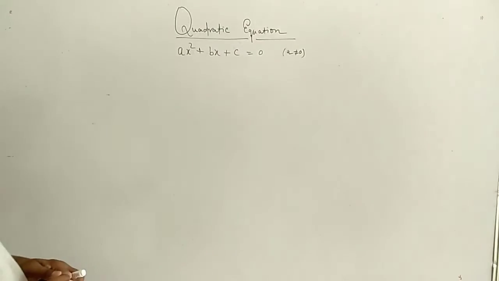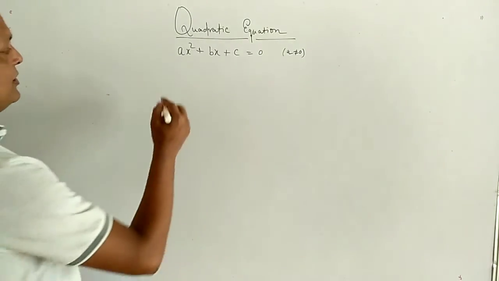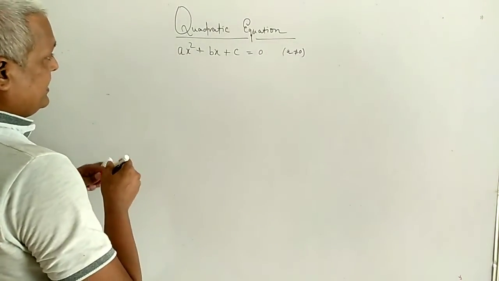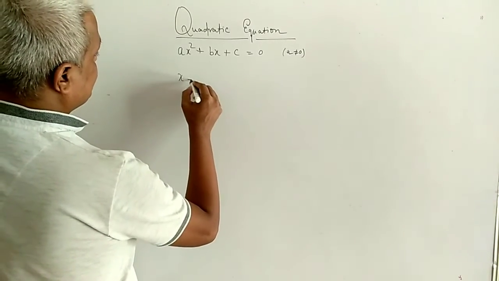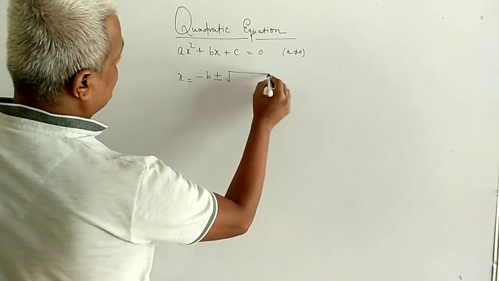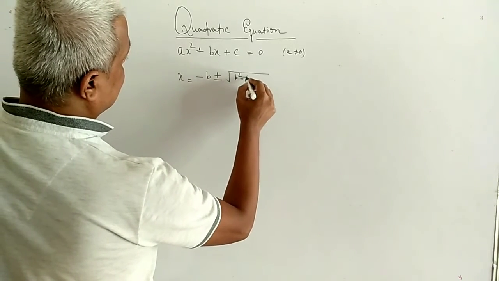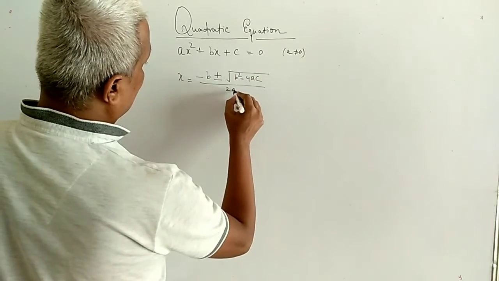So you just saw that if we write these expressions in the solution form using the formula method, then we have our x as x is minus b plus minus under root b square minus 4ac upon 2a.